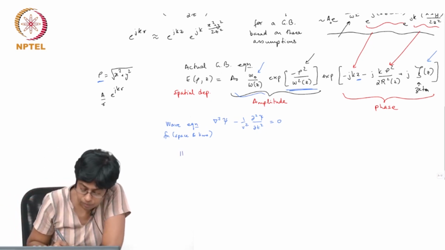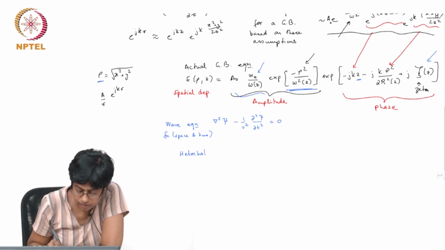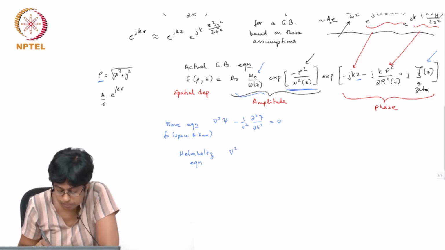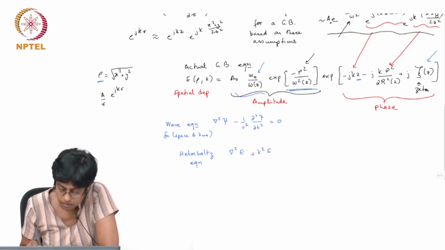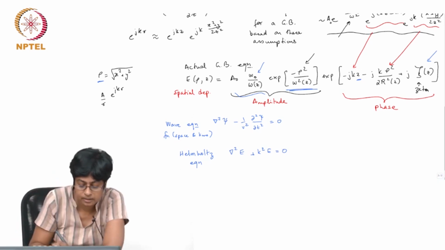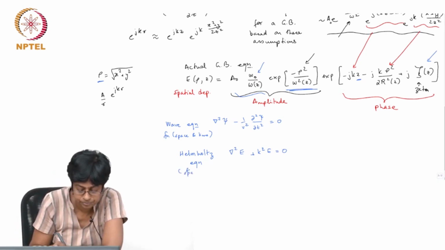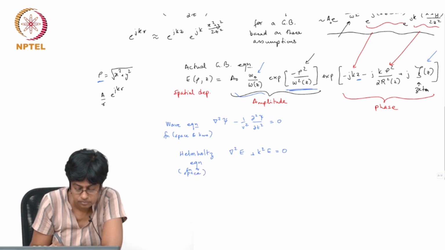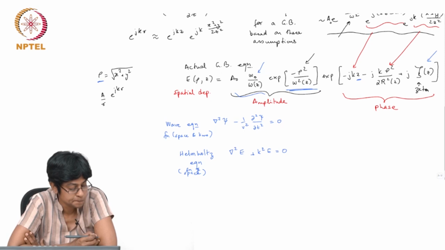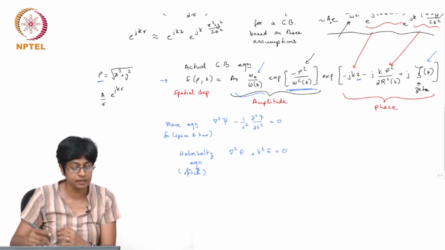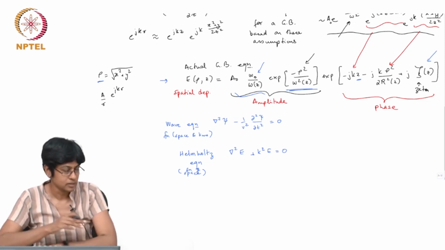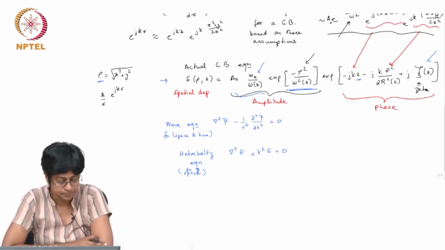But if you are looking only at the spatial variation, this equation will reduce to what's called the Helmholtz equation, which is only an expression of, and I put it in terms of electric field right now, just a function of space. So I've kind of gone a step before this solution. Okay, I'm again trying to justify why the solution is acceptable.